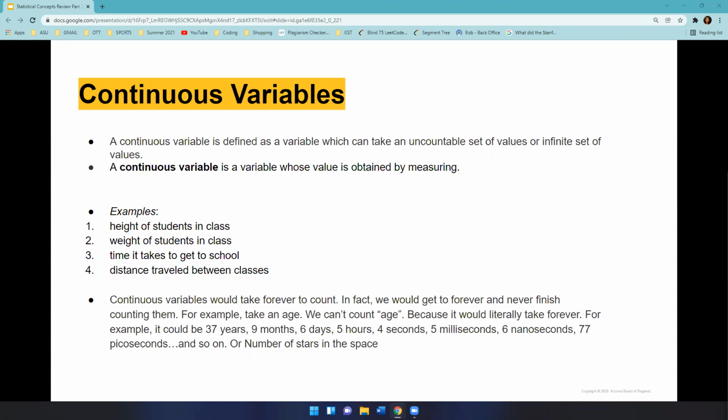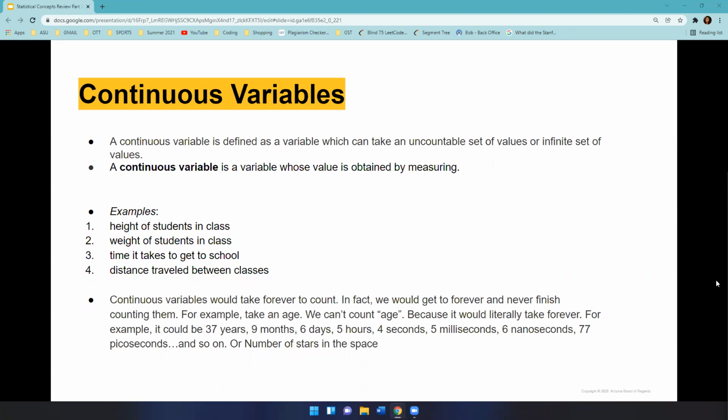When I say infinite values, I mean a height could be 156 centimeter, 156.5 centimeter, 156.56 centimeter. So there is no definite or distinct value. Same goes for weight. So it could be 160 lb, 160.1 lb, 160.12 lb. So it can go on and on. Some other examples include time it takes to get to school or distance traveled between classes. So these are some basic continuous variable examples.